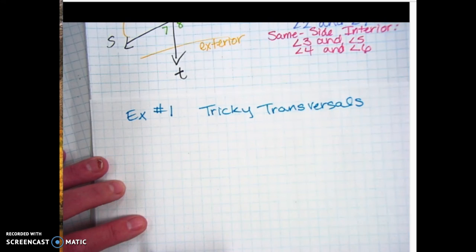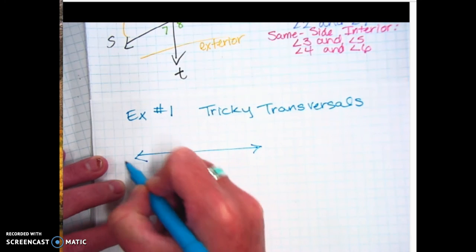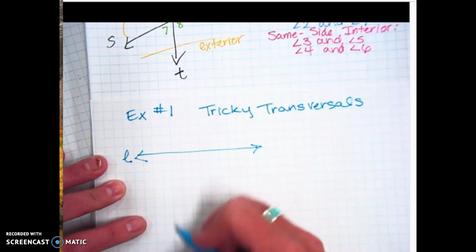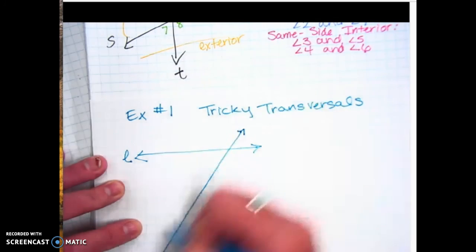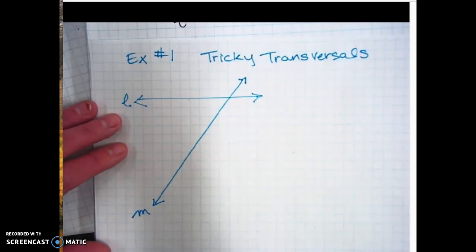they're talking about. Okay, so if we have one line going this way, we'll call this line L. We have another line going this way, we'll call it line M. Whoops, move it down a little bit.